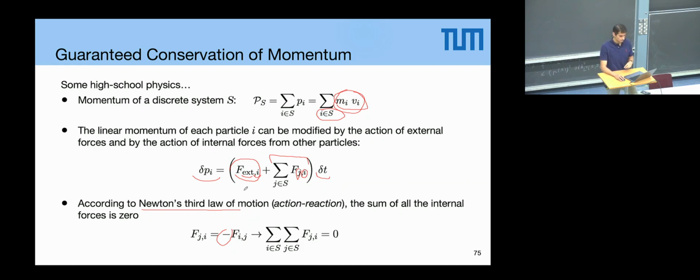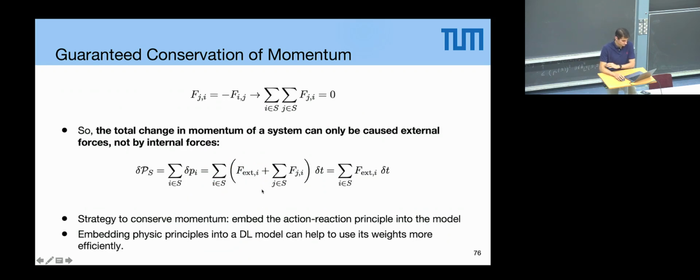This means that when we compute the summation across all the particles to obtain the total change in the linear momentum of the system, these forces will cancel each other, and the total summation is going to be equal to 0. So that's what I explained here. The total change of linear momentum is only due to external forces, because the internal forces are going to cancel each other because of the action-reaction principle.